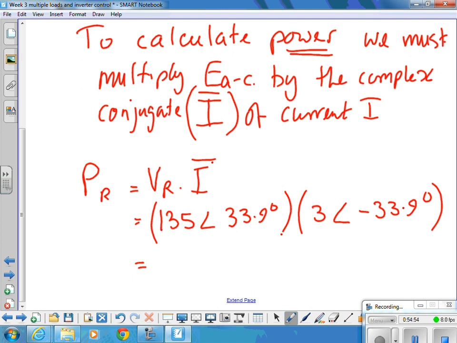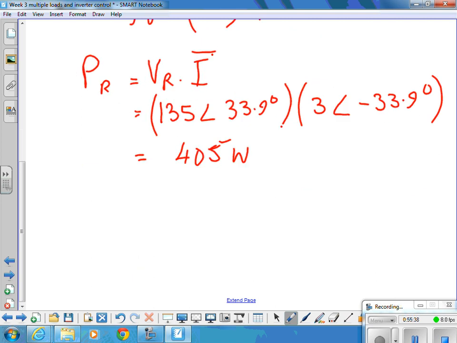So we've got to do 135 times 3. Because you take the conjugate of I, you cancel the angles out. 405 watts, and the angle is 0.